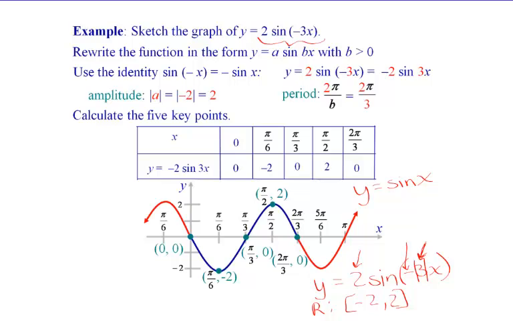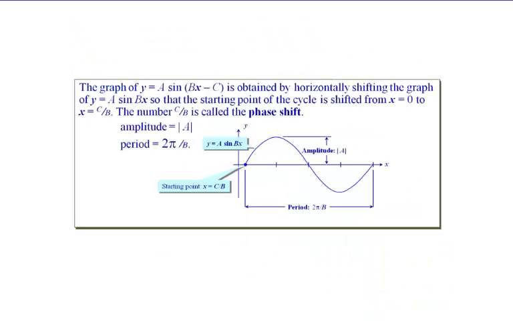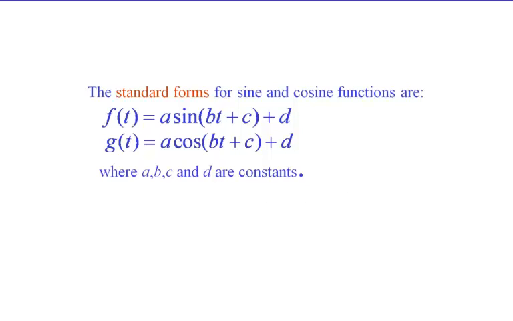This tells us that we are reflecting things over the y-axis. So knowing what's happening to all the pieces of our sine, cosine, and we'll see tangent function helps us realize what changes have been made to our function.